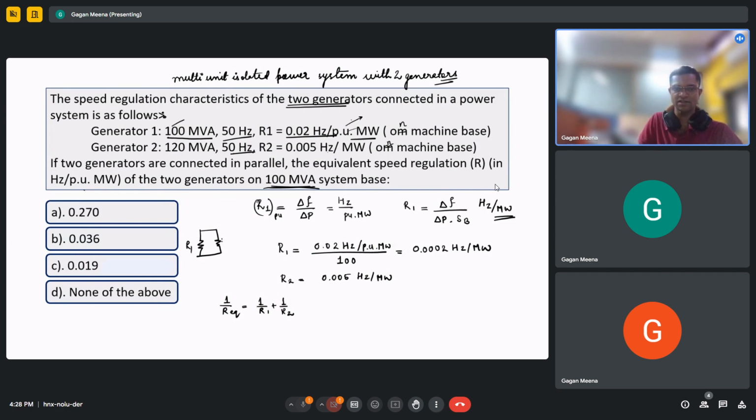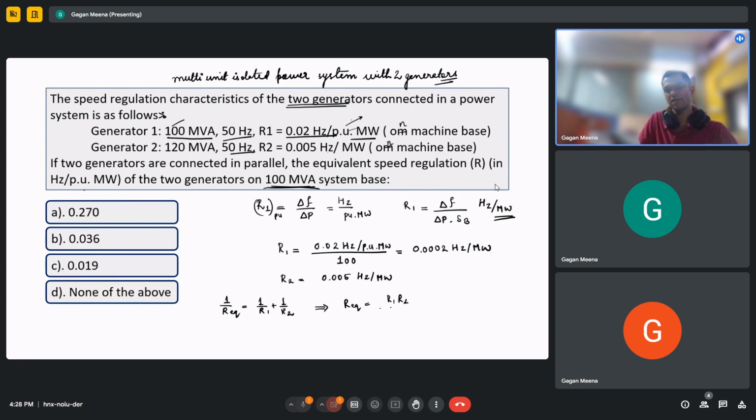This is R1, this is R2, then R equivalent is equal to R1 R2 divided by R1 plus R2. All these two things are different, but yes, it is a similar kind of formula here also.